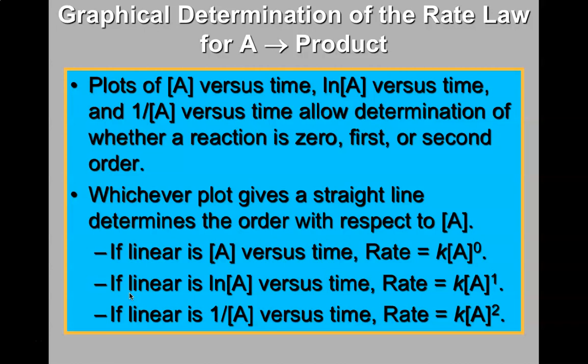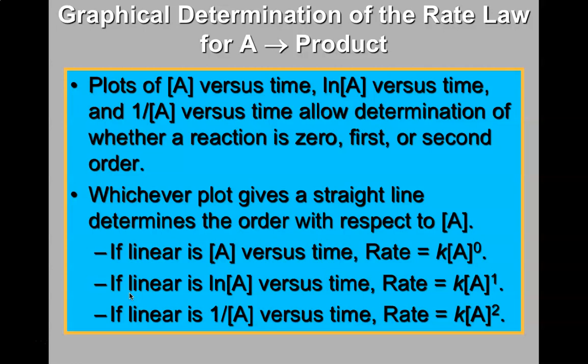College Board is not going to tell you these things. You need to figure out, oh, I know graphically it's this, therefore the rate laws that I can use to solve the math part of it, I know from differential, which is shown on this slide, but also integrated, because I know the order.